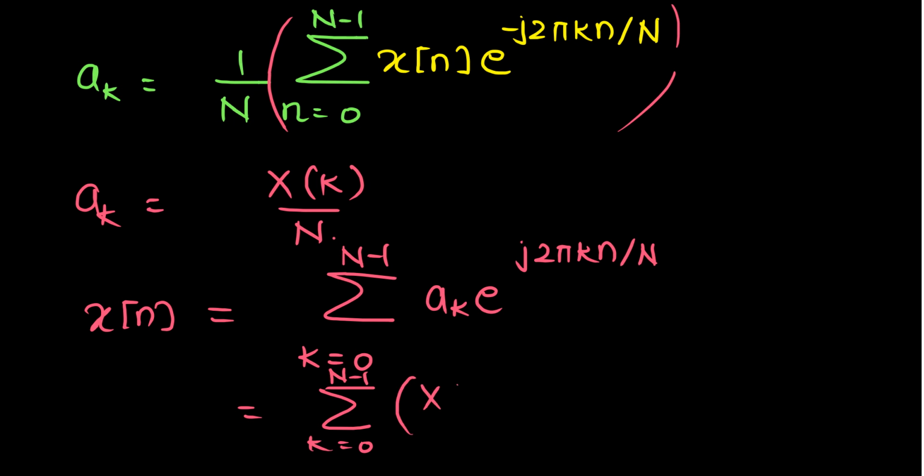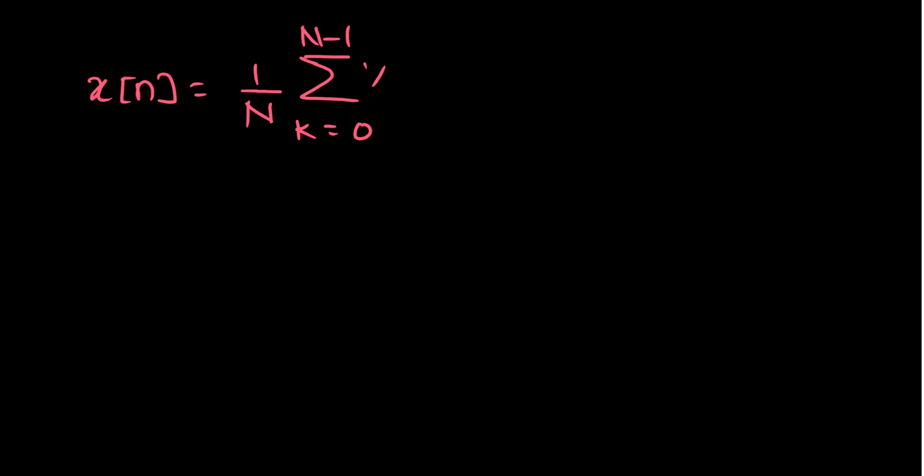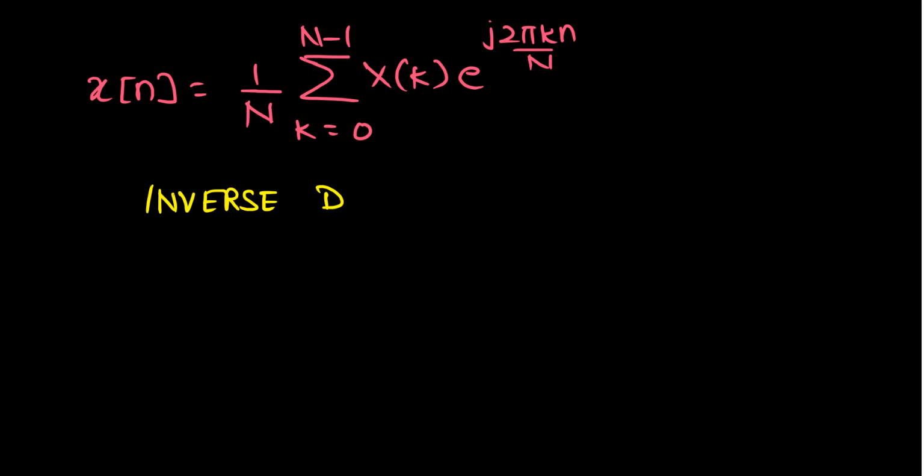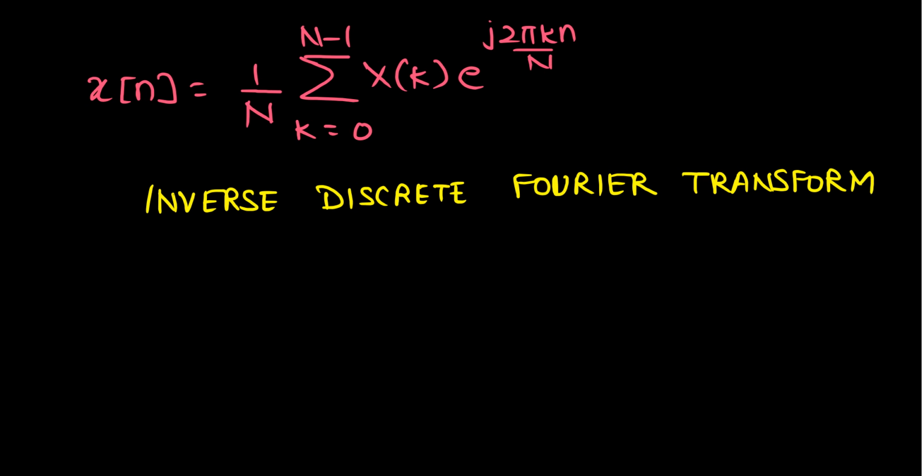This a_k is given by X of k upon N into e to the power j 2 pi kn by N, and therefore what we have is this x of n is equal to 1 over N summation k running from 0 to N minus 1 X of k into e to the power j 2 pi kn by N, and this is known as the inverse discrete Fourier transform, or IDFT.